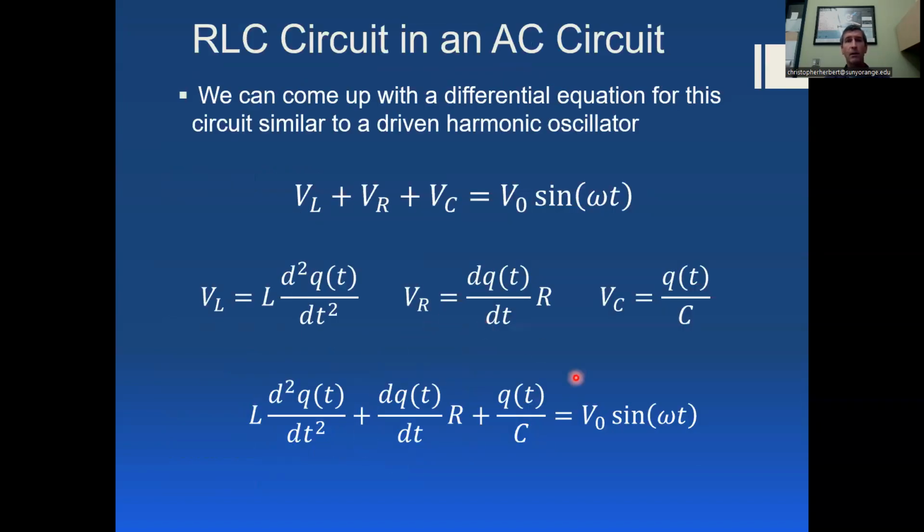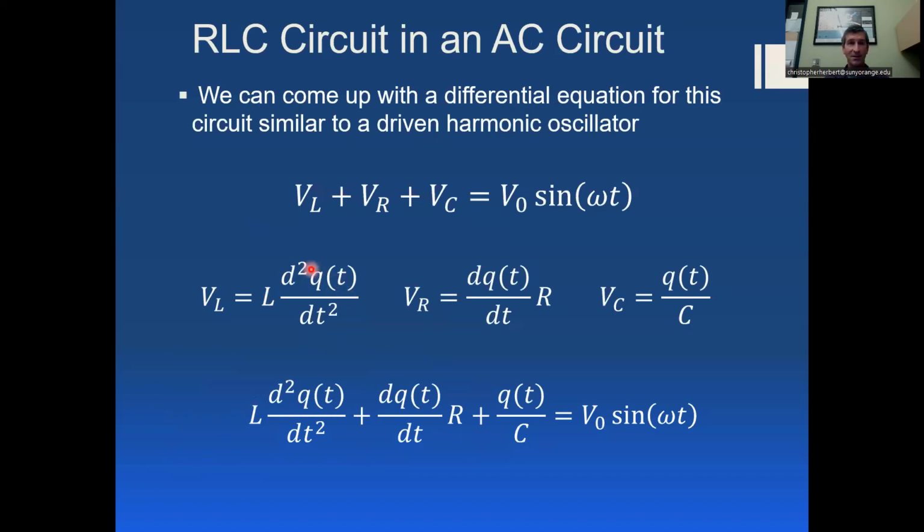So we look at an RLC circuit in terms of a basic differential equation, much like we did with a driven harmonic oscillator. And we can see here is our voltage across the inductor, which gives us this equation right here. Remember that the voltage was equal to the self-inductance times the rate at which the current changes.